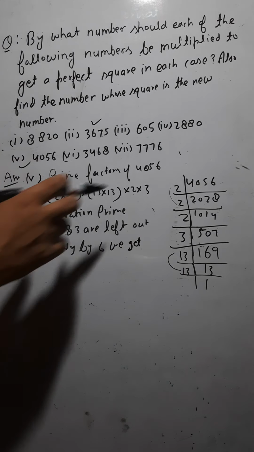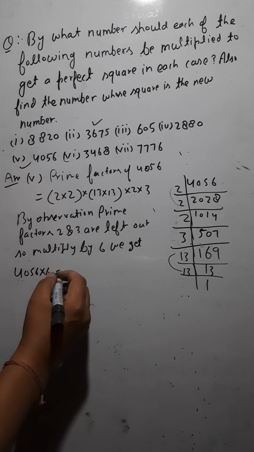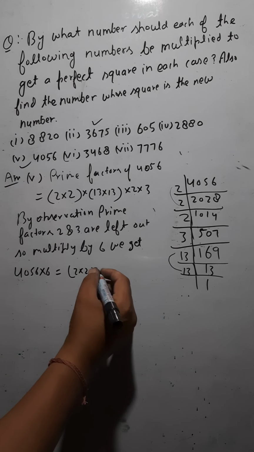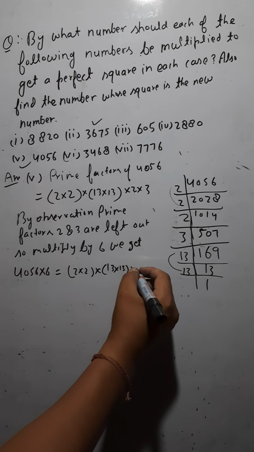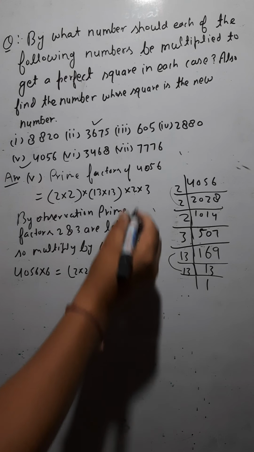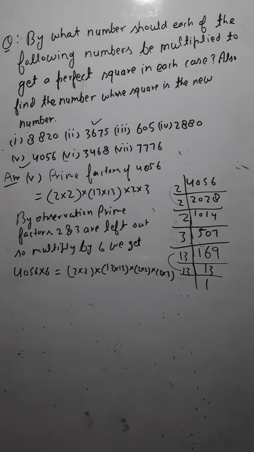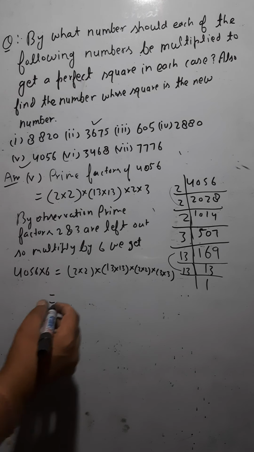Just see. So multiply first this one, 4056 multiplied by 6. Then in the RHS, you would have the pair of 2, the pair of 13, the pair of this one 2 as well now, and then the pair of this one 3 as well. Hope you are getting this. Now 2 multiply 2 means what?